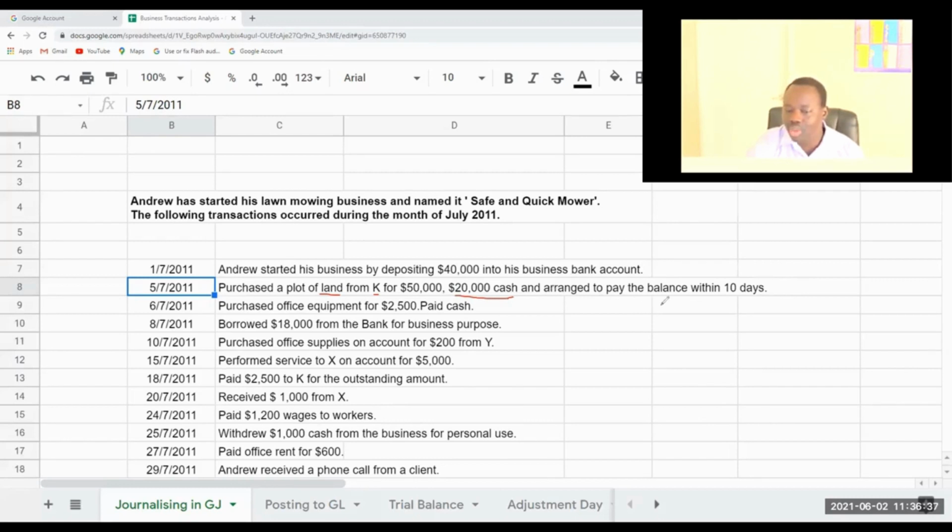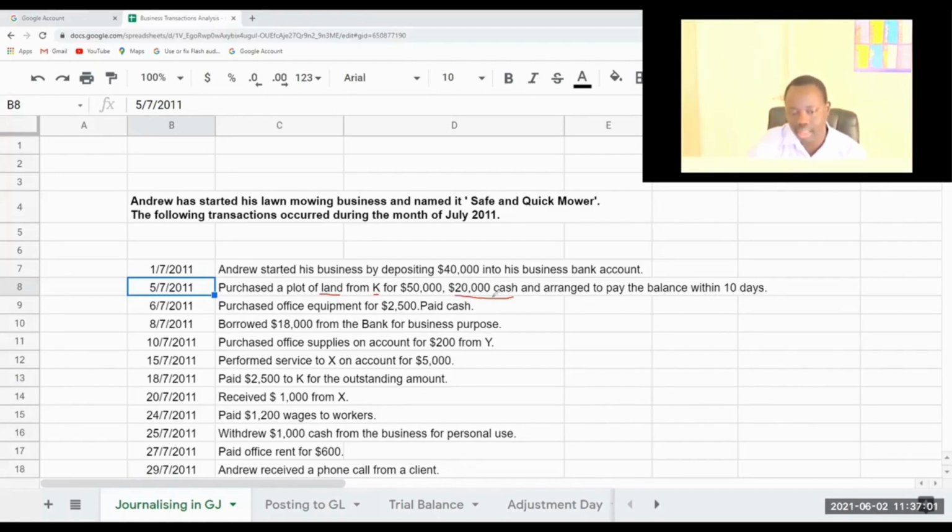And the account we will have for this is going to be a liability. So we will have an account called accounts payable for the balance. So we will credit accounts payable, and the amount is $30,000.